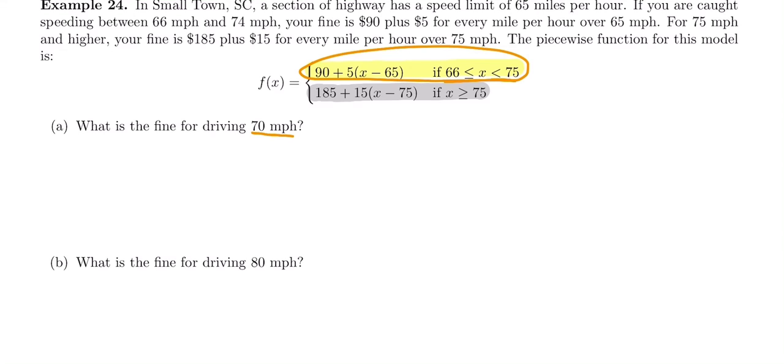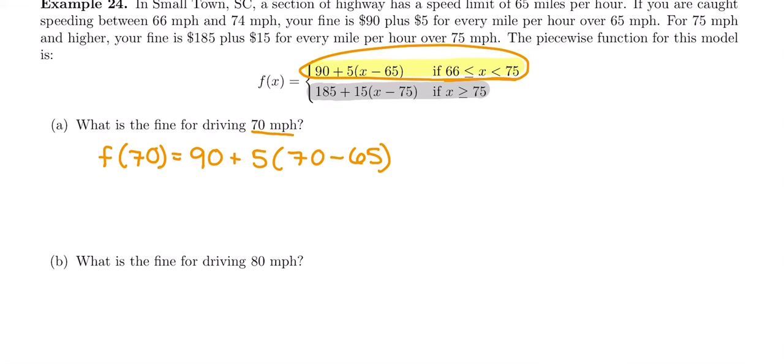So we're going to do f of 70 equals 90 plus 5 times 70 minus 65, replacing that x with a 70. So our initial fine, no matter what, was $90 plus $5 times however many miles per hour over 65 we were.